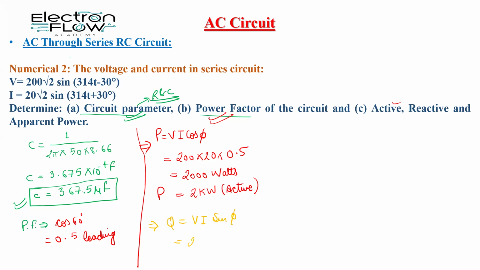Putting the same values of voltage and current, 200 into 20 into sine of 60 degree, meaning 0.866, which is equal to 3464 VAR.